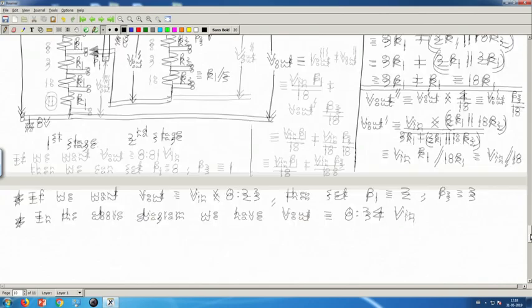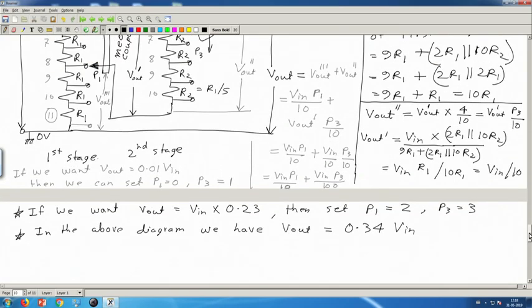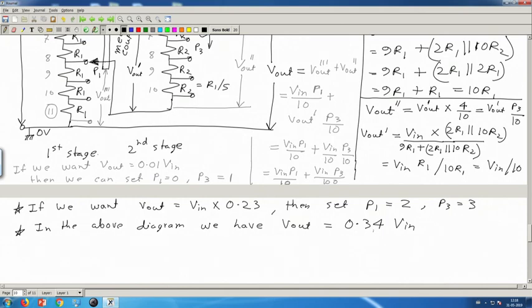Okay. And now suppose you need to get a fraction decimal up to, say, 4 decimal places. If we want V out equal to Vin multiplied by, say, 0.3264, then what do we do?